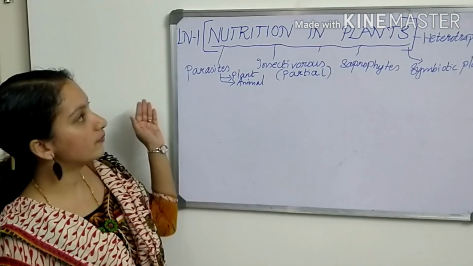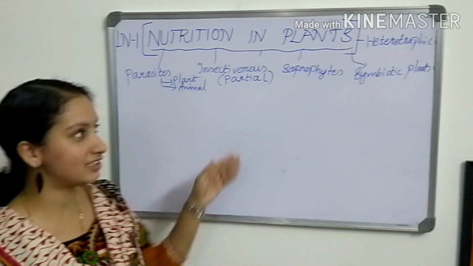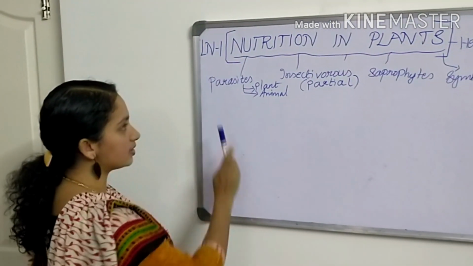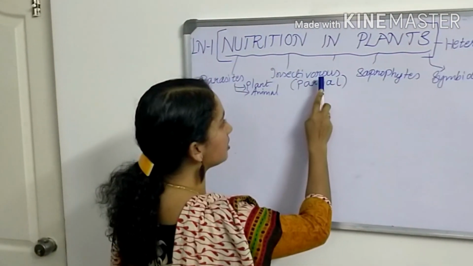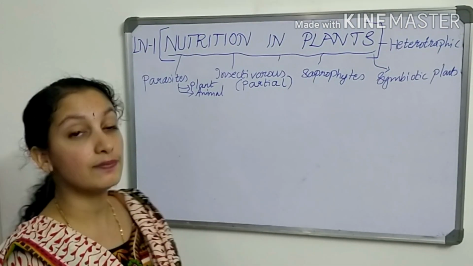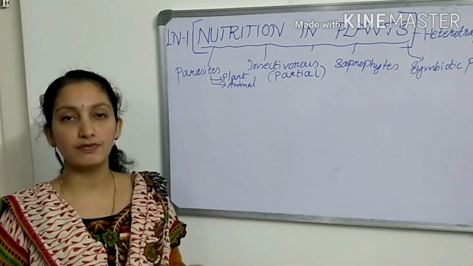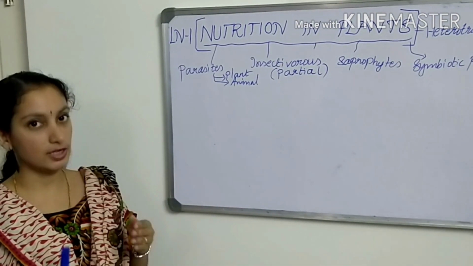So we have different types of heterotrophic mode of nutrition. The first one is parasitic, second one is insectivorous, third one is saprophytes, and fourth one is symbiotic. One by one we'll discuss now with the examples and diagram.